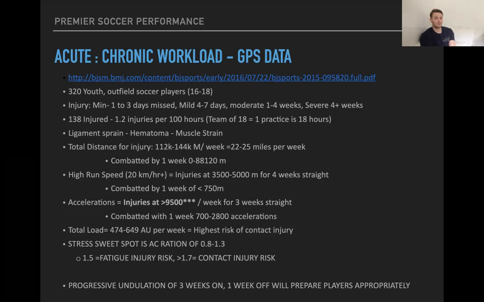If you've got 20 kids on your team, one practice session is 20 hours trained. So that means of a team of 20 kids, you're going to get 1 injury per 5 practice sessions. That's ridiculous, right? That's basically saying you're going to get 1 injury a week.